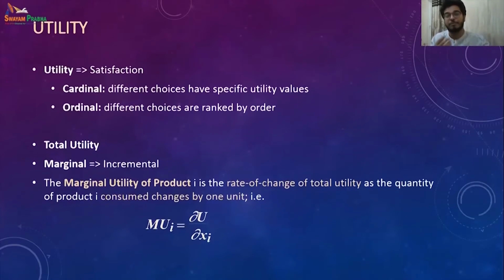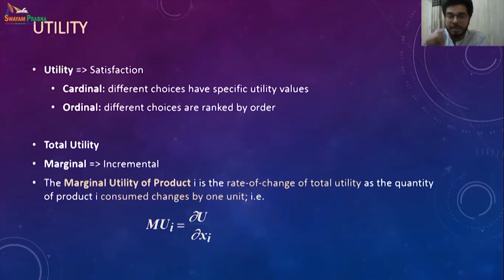So when I write delta U by delta X1, that means when I am consuming my first apple or first rasgulla, what is my total utility? When I do not have any rasgulla, my satisfaction is 0. Now my satisfaction has increased because I have consumed one rasgulla.